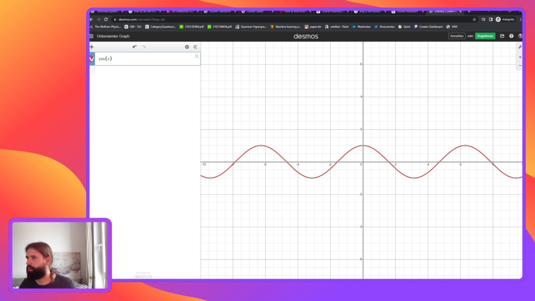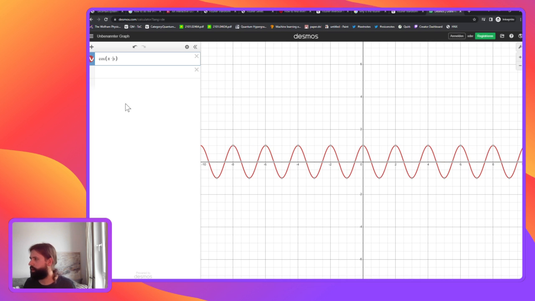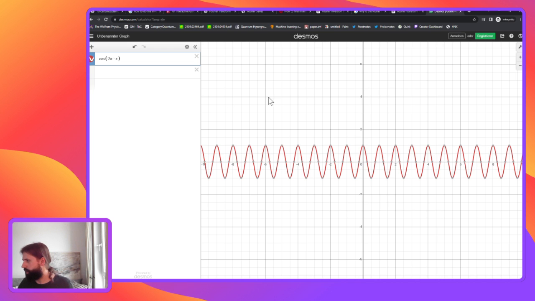So this is frequency. I guess if I say cosine of pi x, right? That makes the frequency 1, right?